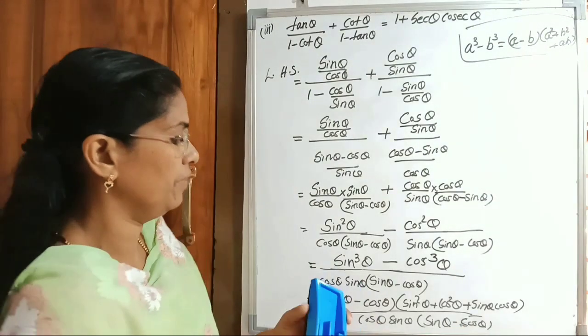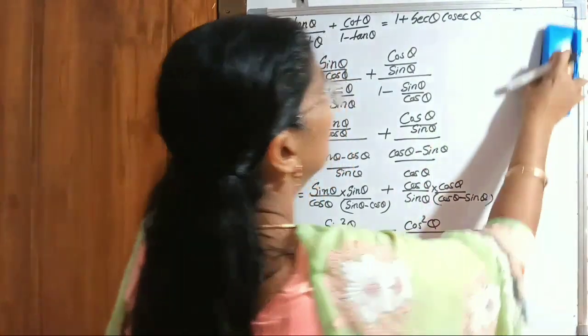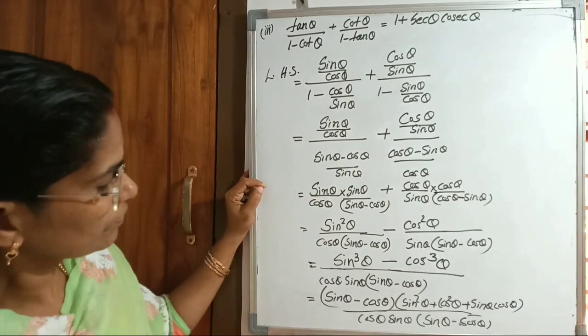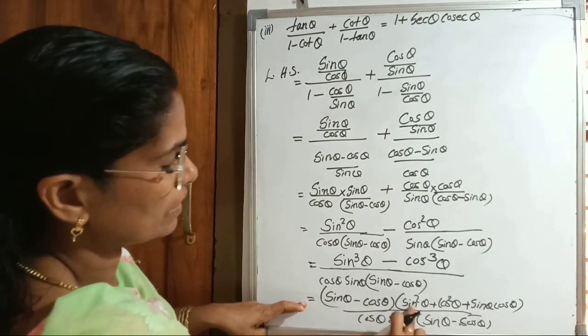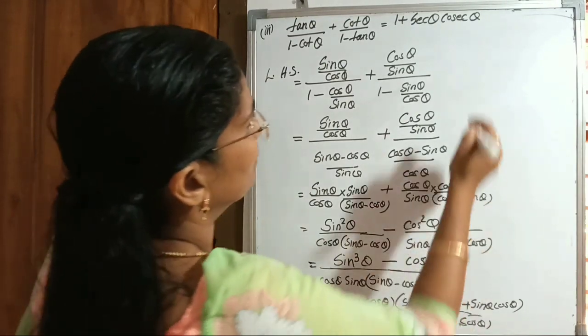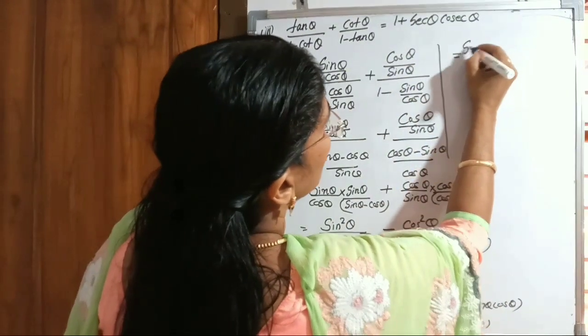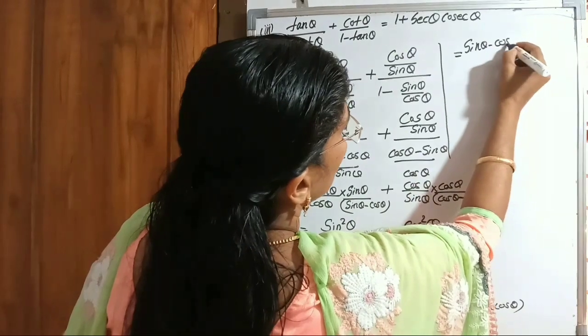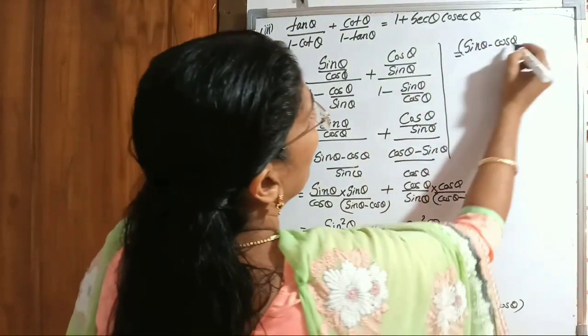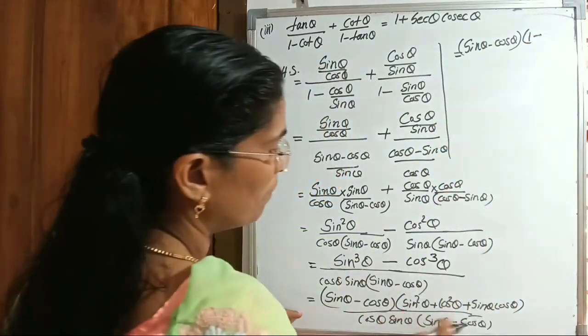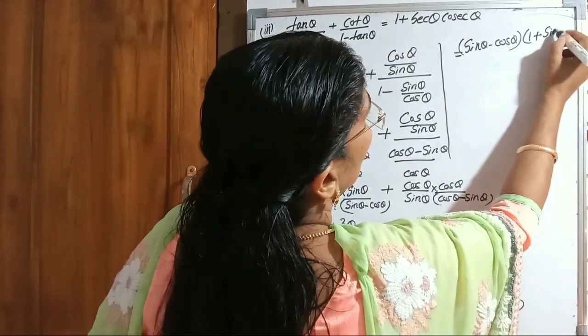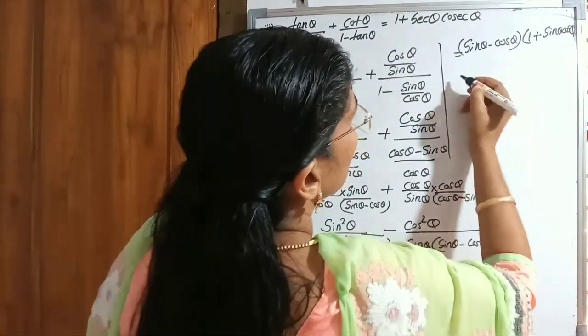Now again we can solve. Since sin square theta plus cos square theta is 1, we can write here on the left side sin theta minus cos theta is already there, and the next term is 1 plus sin theta cos theta. Clear this term?